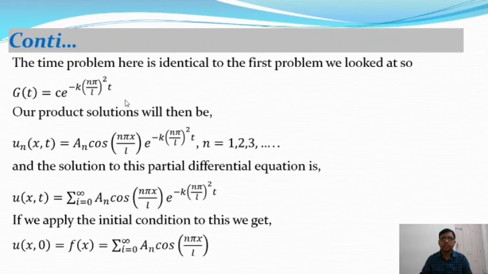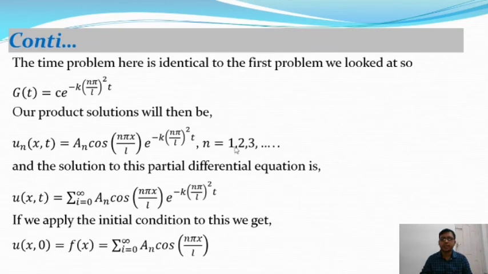So our product solution will then be u n of x comma t is equal to A, where A is any constant, into cos of n pi x by L into e to the power minus k into (n pi by L) whole square into t, where n is equal to 1, 2, 3 up to infinity. So this is the general solution of the given one dimensional heat equation.